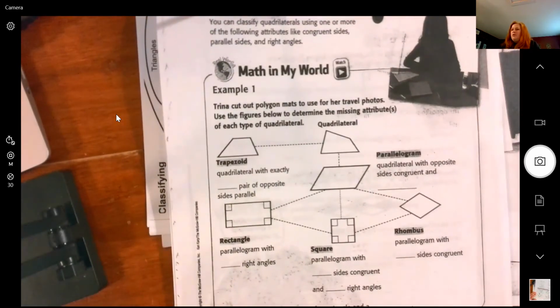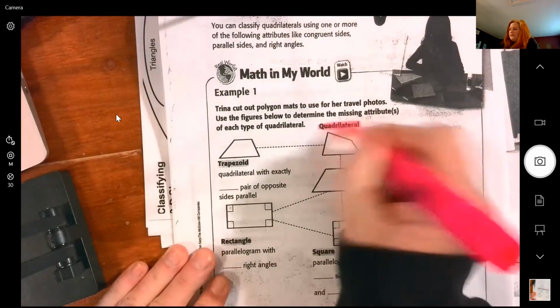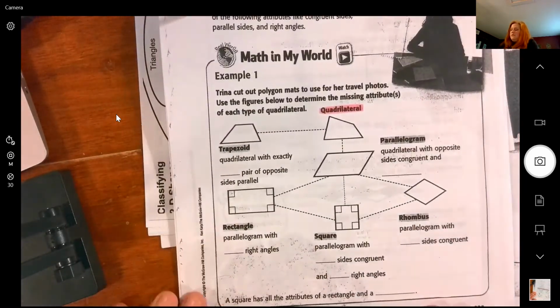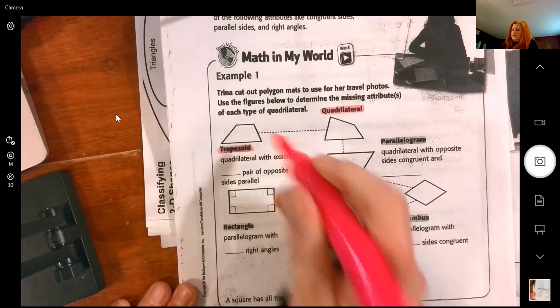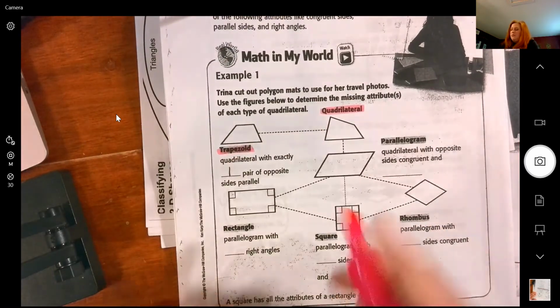All right, so today we're going to start with classifying quadrilaterals. And I have to say, this is probably the hardest one, which is why we're going to do a sort. So we have 4 sides. If there's only one set of parallel sides, it's a trapezoid.